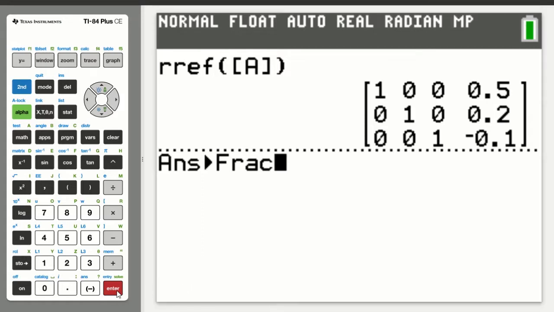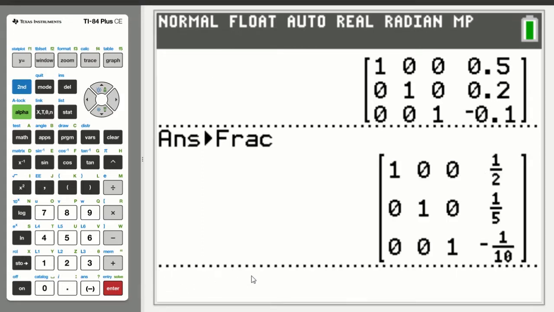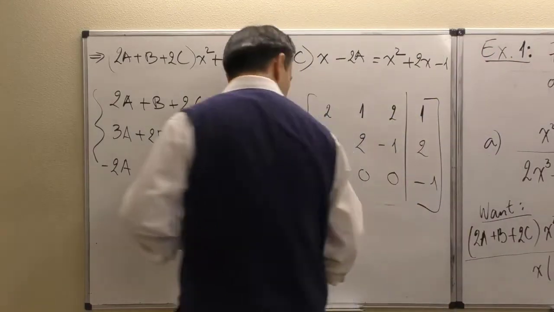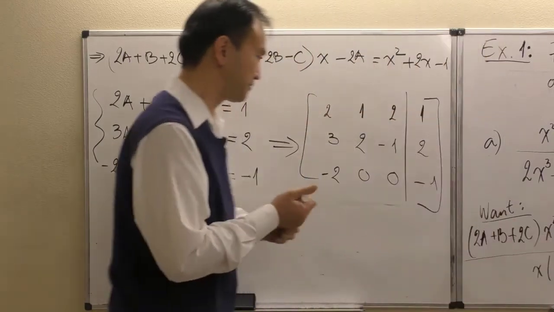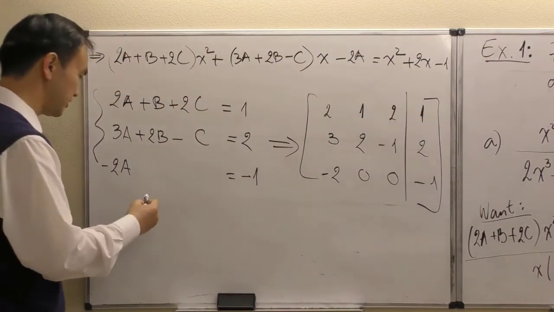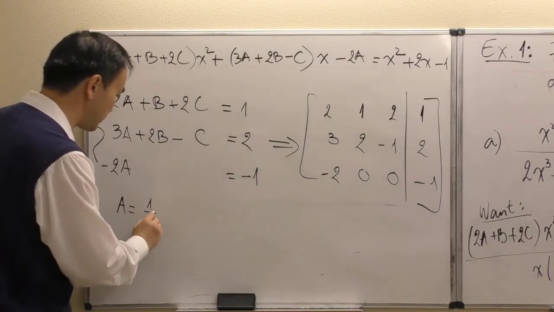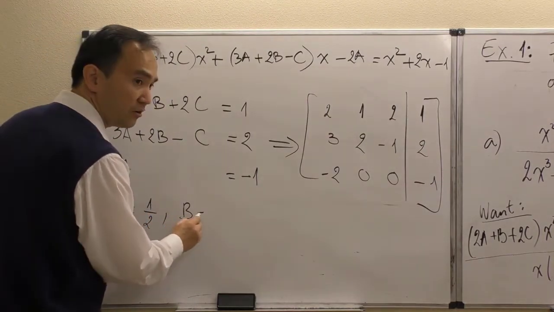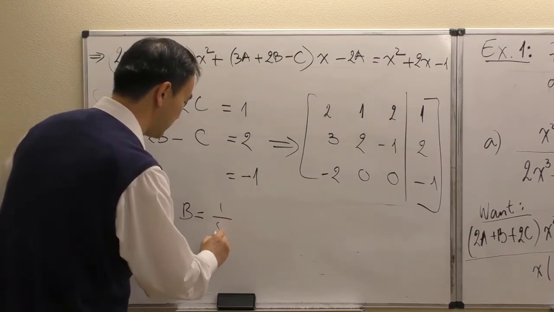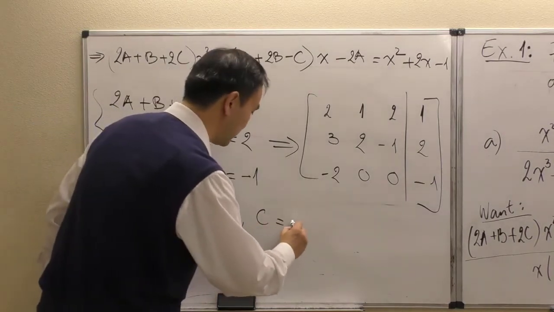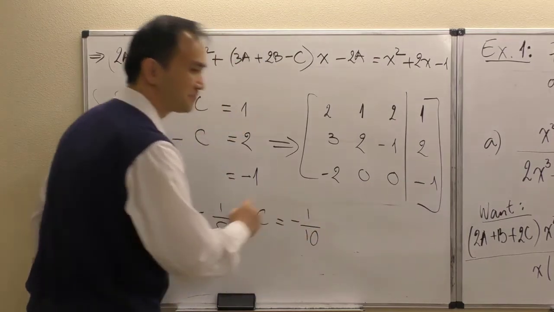So look at how the magic is going to happen here. All right, now we have our final answer. My A value is a positive 1/2, my B value is 1/5, and my C value is negative 1/10.